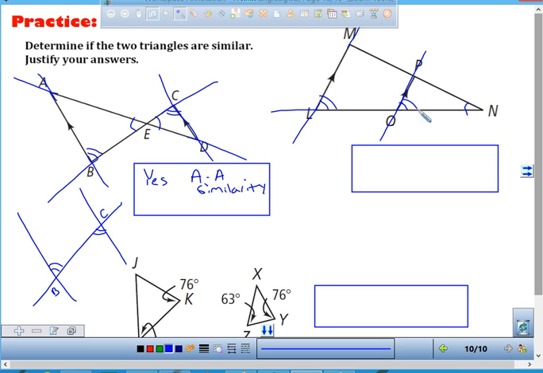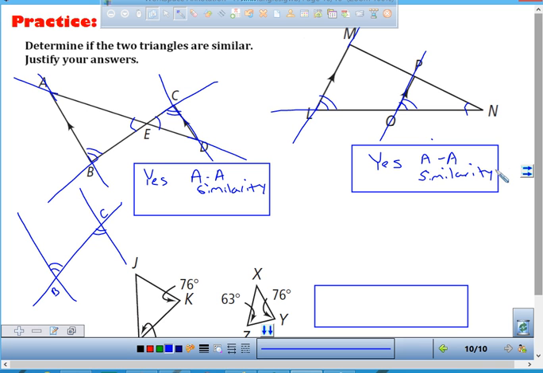Okay? So again, we have two pairs of congruent angles. So we have angle-angle similarity. Okay, so we're using what we learned the last 2 days about corresponding angles, vertical angles, alternate interior angles. Okay? Now you have to use that to help you find if these triangles are similar or not.